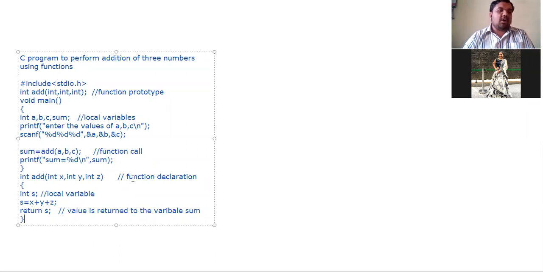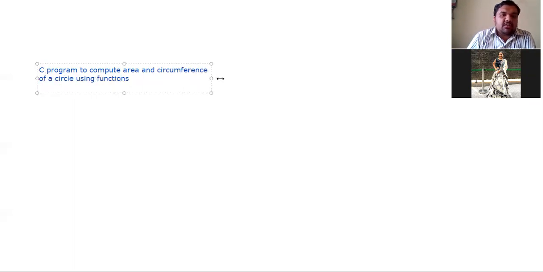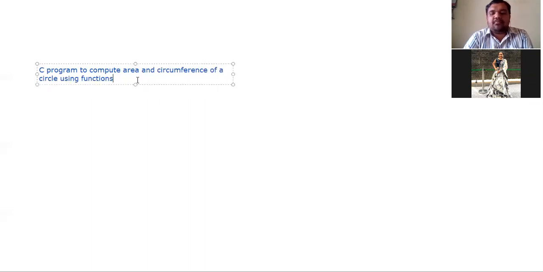Take down program number 2: C program to compute area and circumference of a circle using functions.